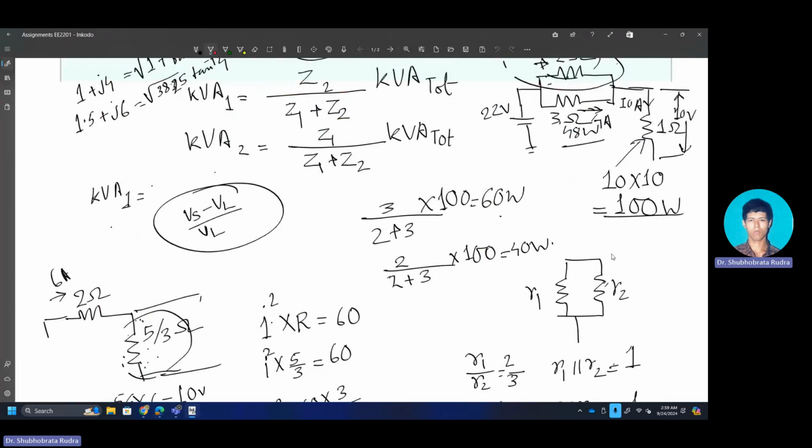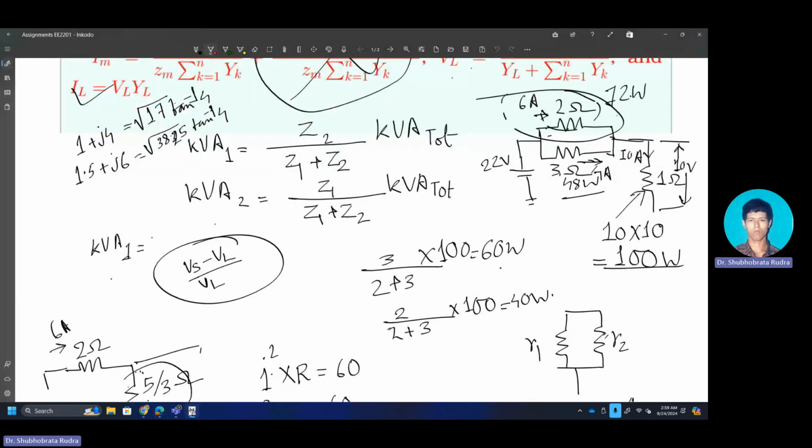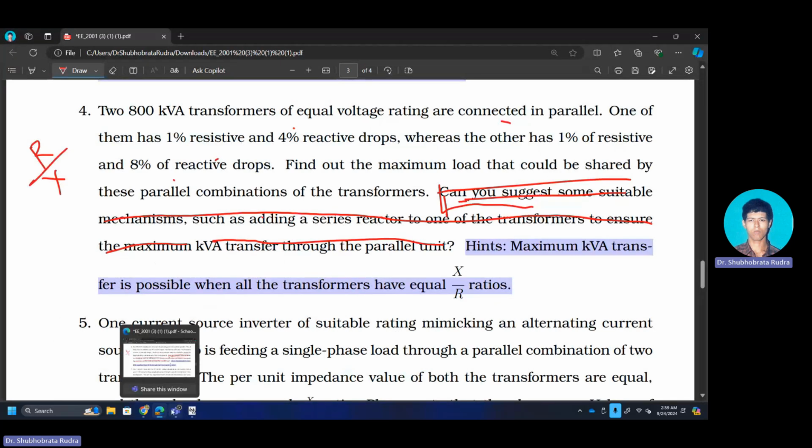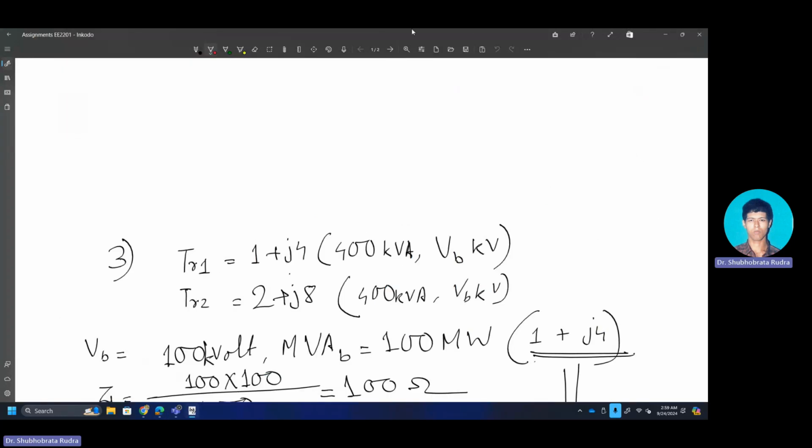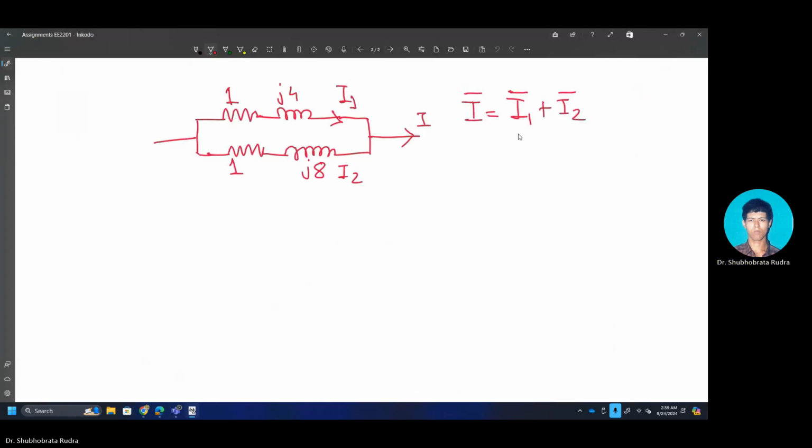In this analogy, both are 800 kVA, so this transformer can carry 800 kVA, and this can also carry 800 kVA. But when this one carries 800 kVA, of course, the second transformer will not be able to carry 800 kVA. Why? Because the second transformer's I2 will always be smaller.